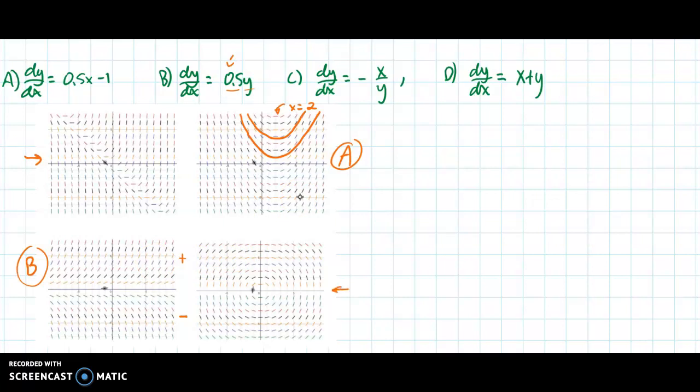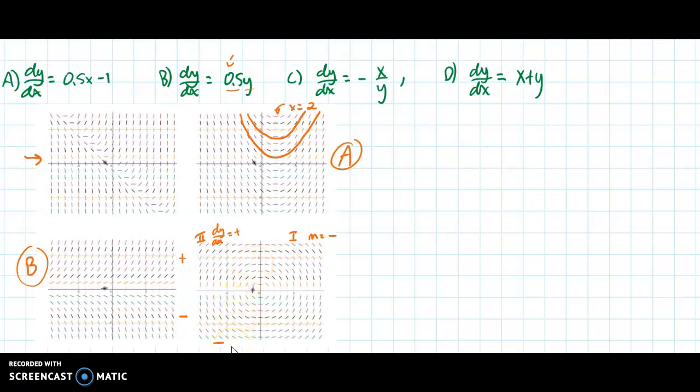Now I want to figure out which one has to be this. So what I want you to see is that in quadrant 1, all the slopes are negative. In quadrant 2, and maybe I could write dy dx instead of m, dy dx is equal to positive, right? All of these are going up. Even though it's close to flat, it's still going up.